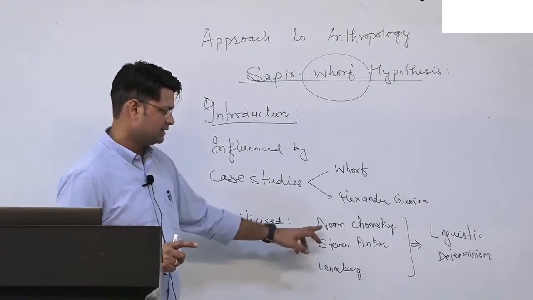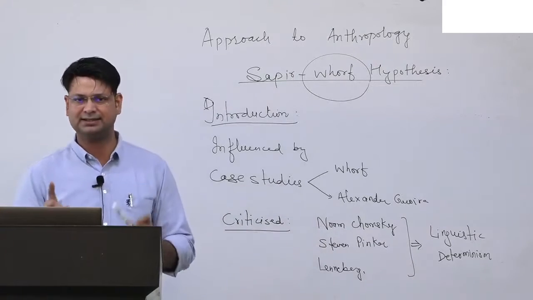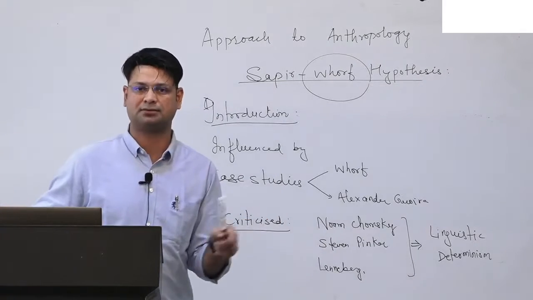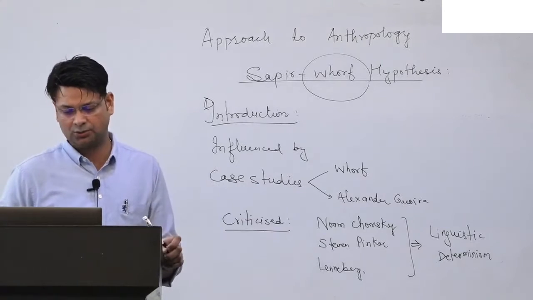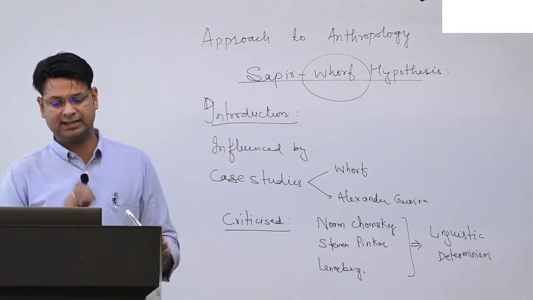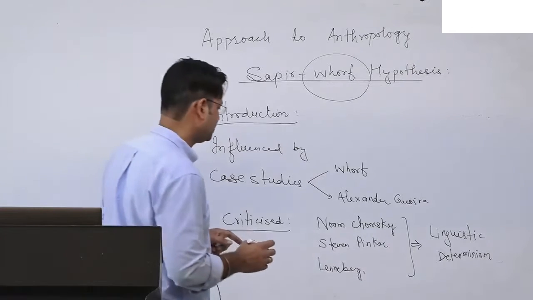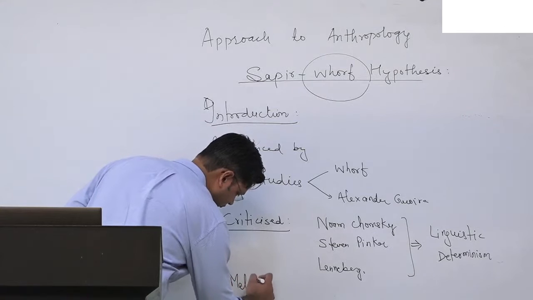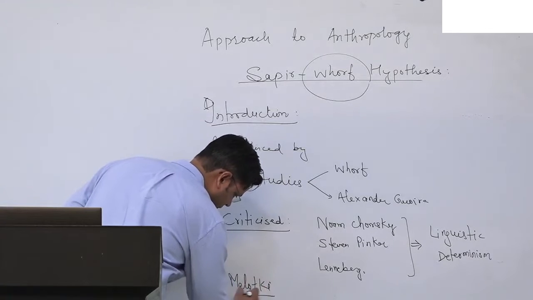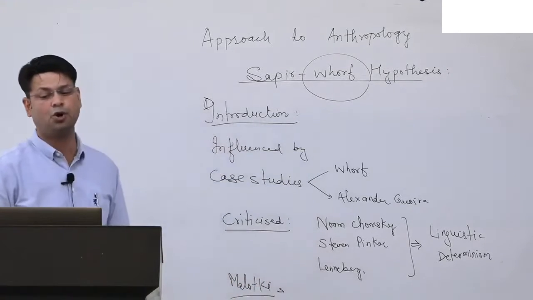The first thing is Noam Chomsky says that there exists universal grammar among children, so that is how they rejected it. Then there is another scholar, Malotki. Malotki studied Hopi.